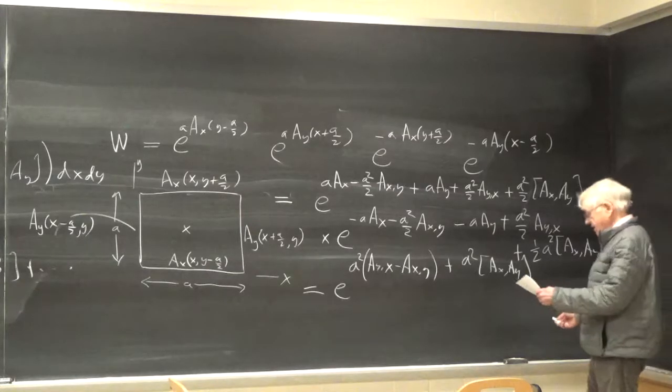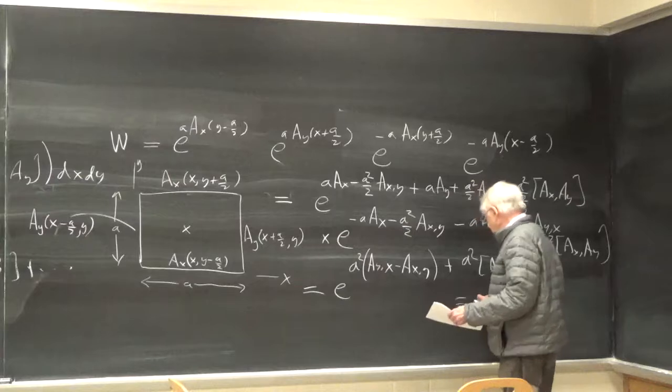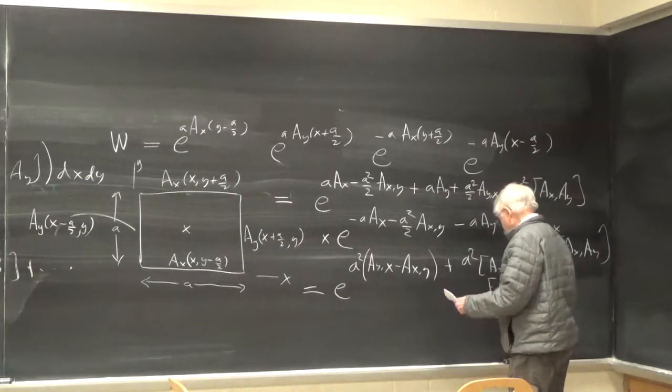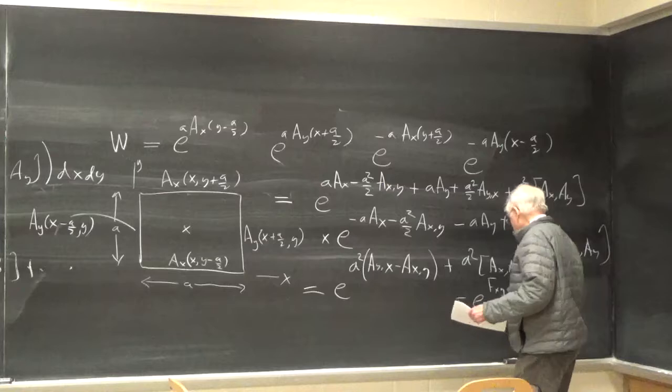And so this is what we call e to the F_xy times a squared.